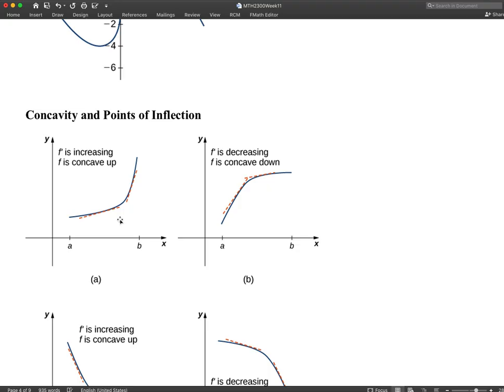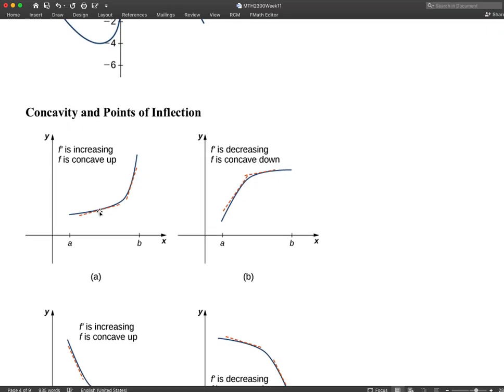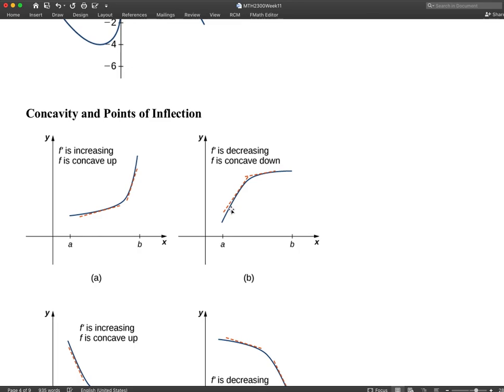So in this case, we call the graph concave up, as shown here, opening upward. This part B, the graph is showing the concavity, concave down. Actually, both are increasing functions. Now we can identify one as opening upward, the other as opening downward.